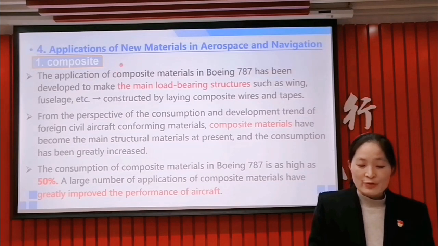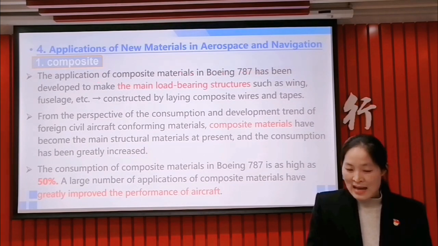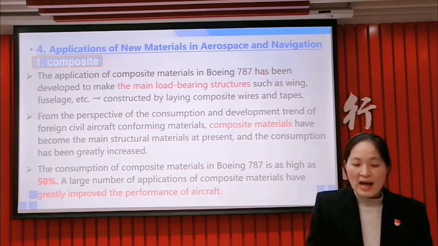Okay, we can see the first one, composite. Composite materials in the Boeing 787 from the video have been developed to make the main load-bearing structures such as wing and fuselage.